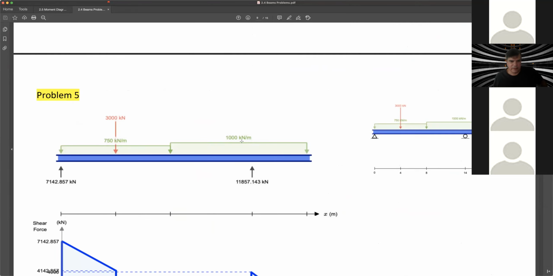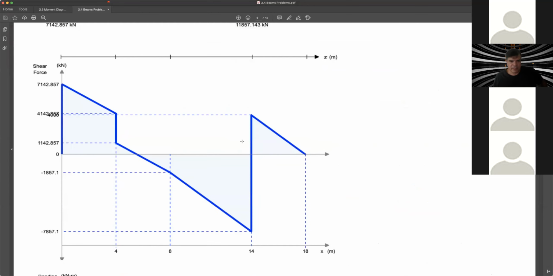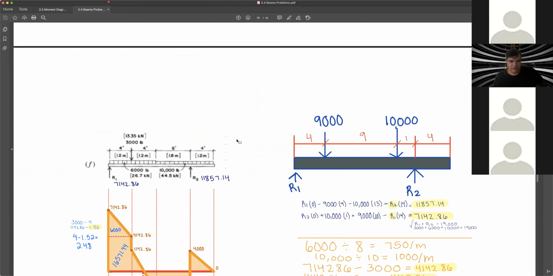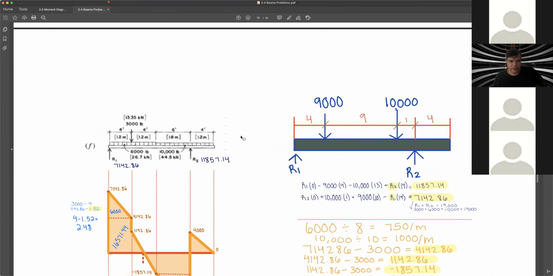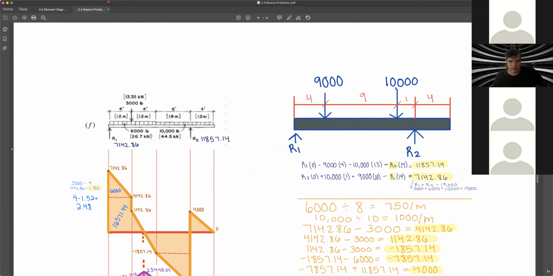I will change this to pounds because somebody may complain. That is the same as having the total weight here, okay? In the book, you will have kilonewtons and you will also have pounds because this is an international book.